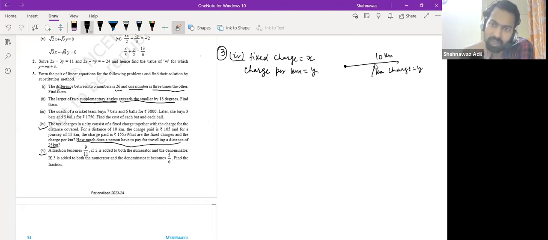So how do you calculate it? You multiply, right? Similarly, the per kilometer charge is y, and you have traveled 10 kilometers. So the total charge would be 10y. So this is due to the kilometer distance.